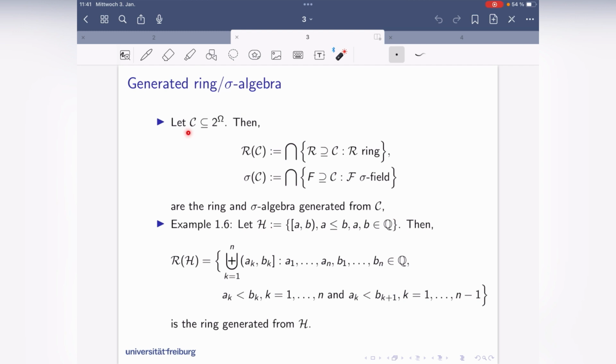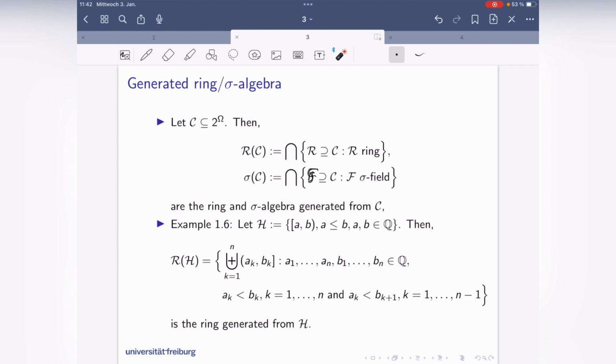So you have some C here, some set system, which doesn't have to fulfill anything at the moment. But from this, I can generate a ring and I can generate a sigma field by intersecting all rings which are bigger than C. Here, for example, I can intersect all F, but that's a typo, that has to be the same F as here.